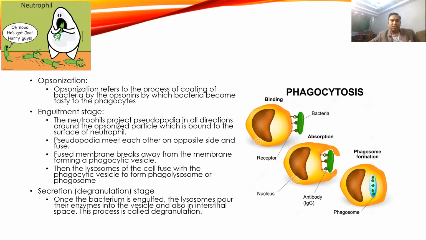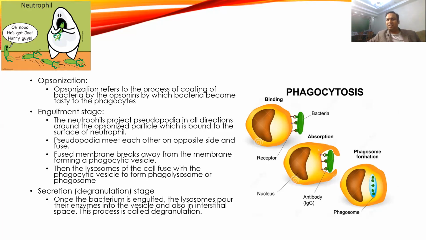Before phagocytosis, these neutrophils are very choosy. They don't like food very raw, so they want it to be very tasty. It is made tasty by a sauce, and the sauce is like a coating applied by opsonins.